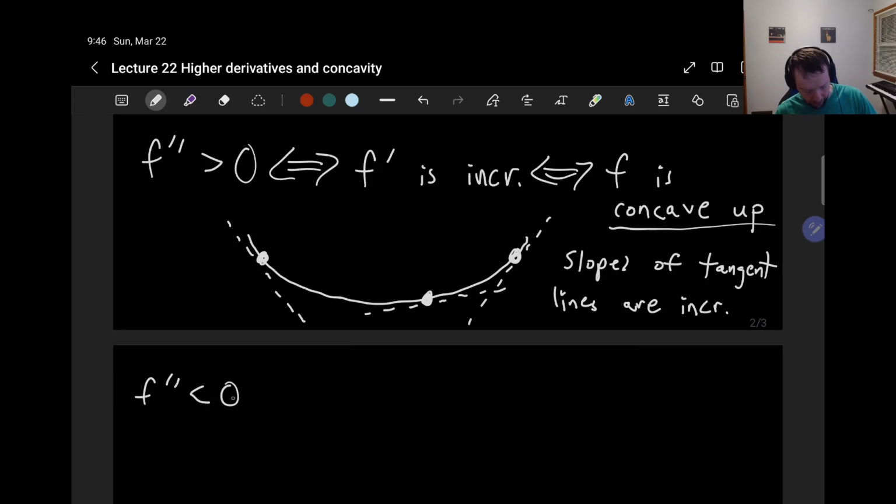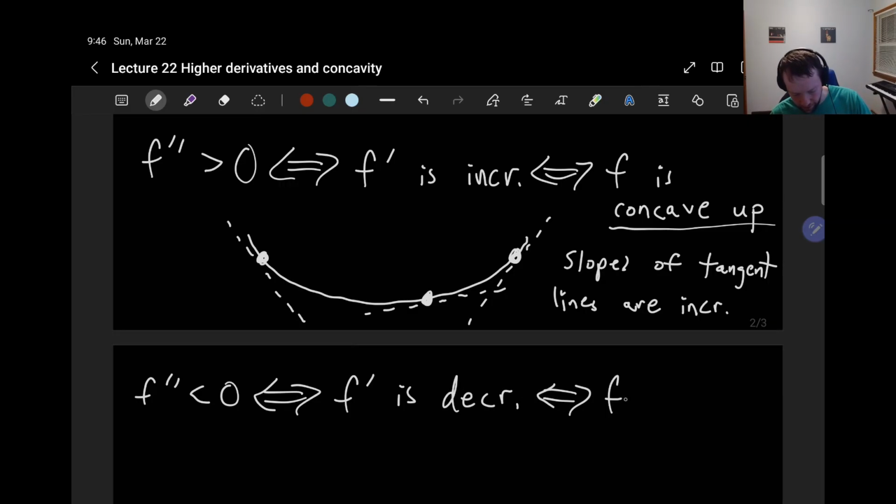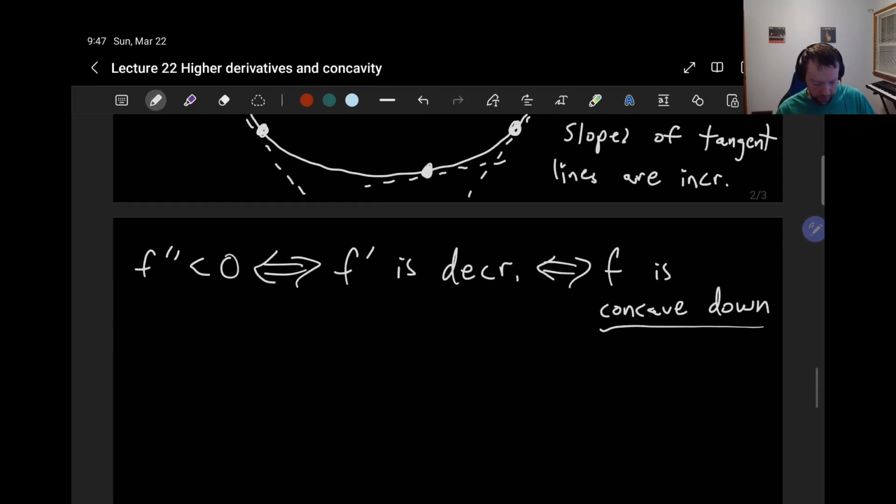On the flip side, if the second derivative is negative, that means the derivative is decreasing, which will mean that f is concave down on that interval. And that'll look something like this, the opposite of concave up. So in this case, as we move along, the slopes of tangent lines are going down.